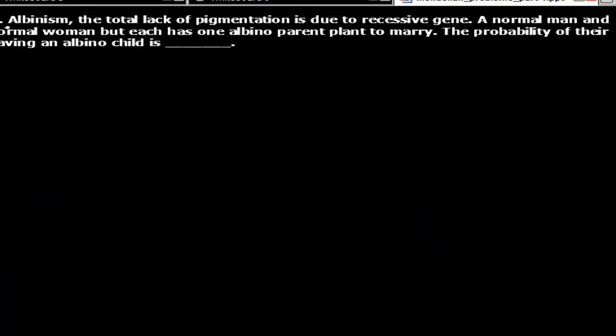Now in the given question, albinism is the lack of pigmentation, we know very well, and that is going to occur due to recessive gene. Now a normal man and a normal woman are going to marry, but each of them has one albino parent. So it means that the man as well as the woman were both heterozygotes. So the genotype of man will be like this.